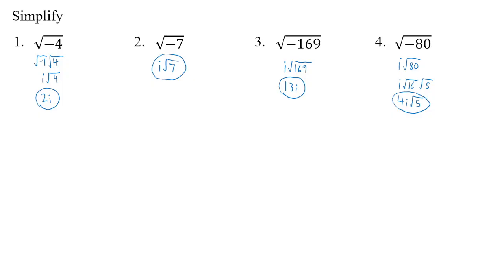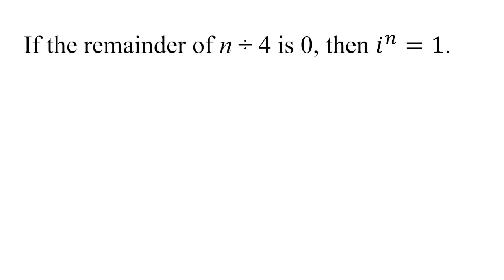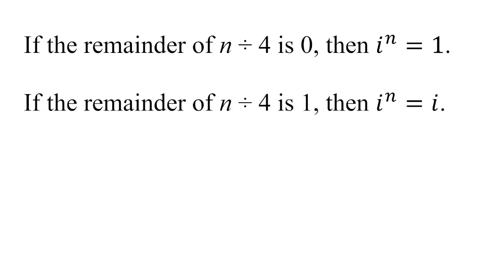So next, I'm going to show you how to find powers of i. And I'm just going to go ahead and give you a cheat code. If the remainder of n divided by 4 is 0, then i to the nth power is 1. If the remainder of n divided by 4 is 1, then i to the nth power is i.